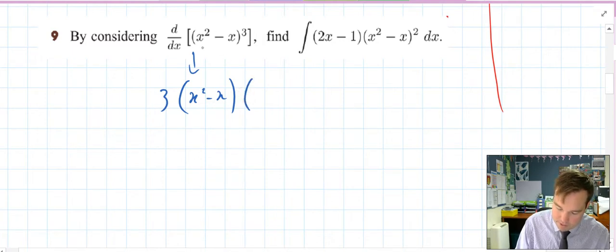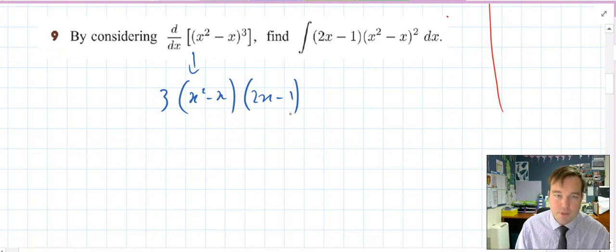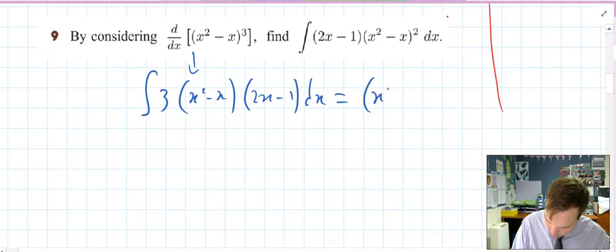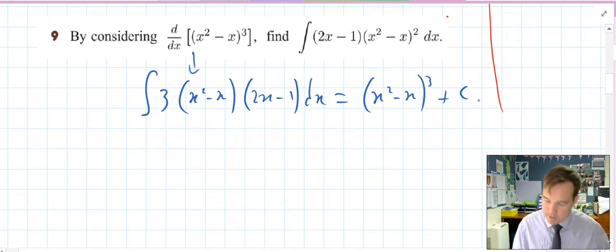The derivative of the inner in this case is 2x take 1. So what we can say is that if we find the integral of this, we will get back to x squared take x to the 3 plus c.